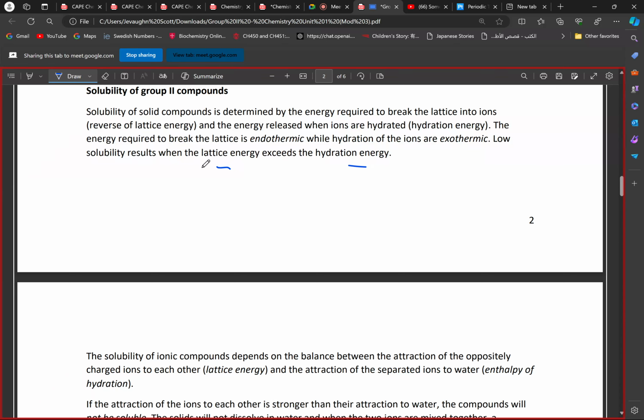I hope you guys remember that. I'm not sure if we did it in solubility product, but when the lattice energy is larger than the hydration energy, then the substance is actually insoluble. So solubility product is somewhat proportional to the lattice energy.